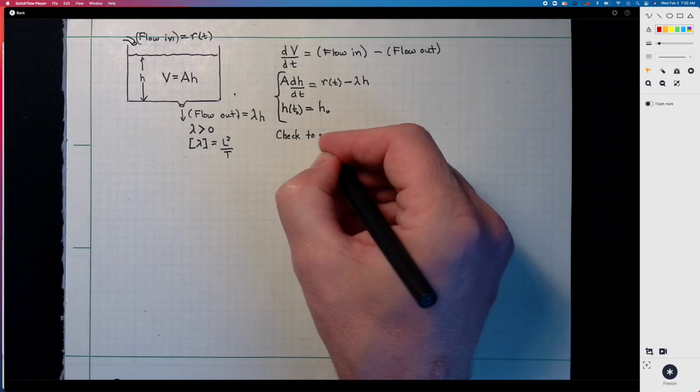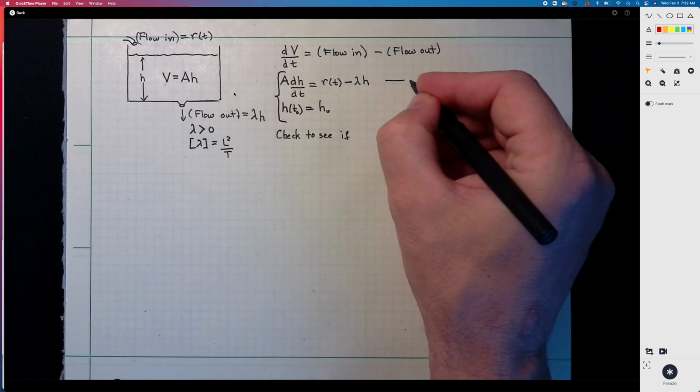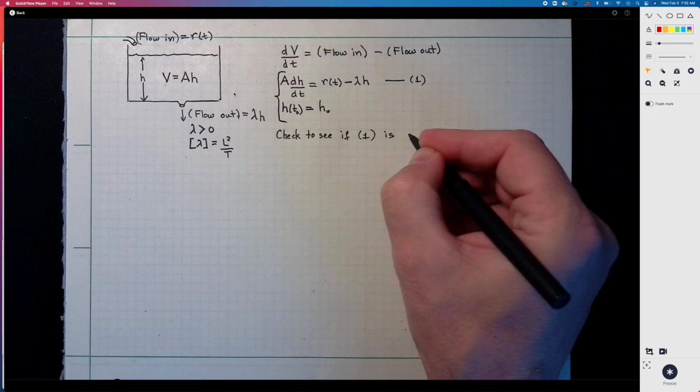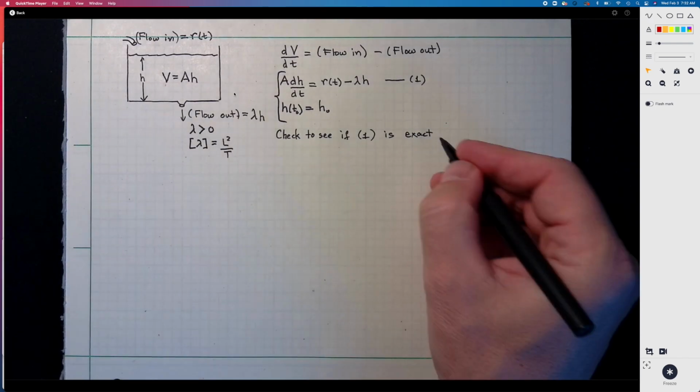So we check to see if, and let's give this a name, equation 1, is exact.